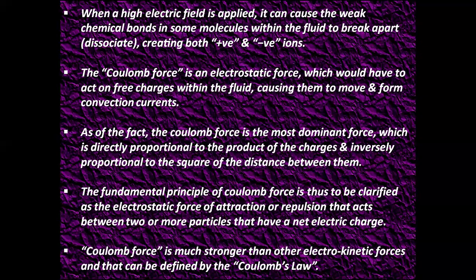When a high electric field is applied, it can cause the weak chemical bonds in some molecules within the fluid to break apart, that is dissociate, creating both positive and negative ions.